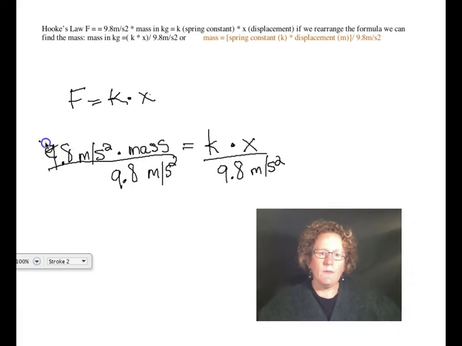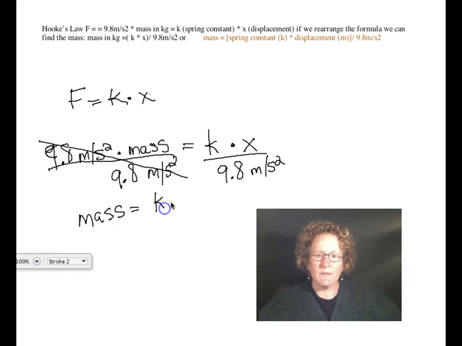So now these cancel out and we get mass is equal to the spring constant times the displacement, remember that's in meters, not centimeters, divided by 9.8 meters per second squared.